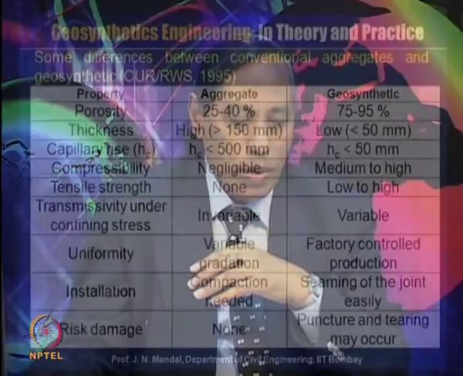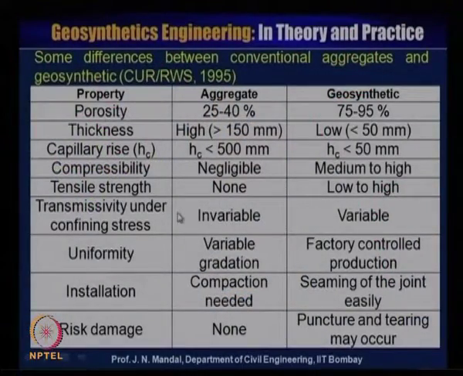And generally the CUR is the Center for Civil Engineering Research code, and this is the manual on the use of rock in hydraulic engineering. So you have seen the major differences between the aggregate and the geosynthetic material. So there is a lot of advantage in the use of geosynthetic material for filtration, drainage and erosion control.